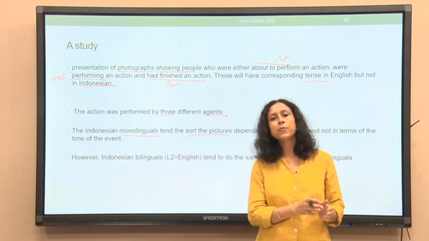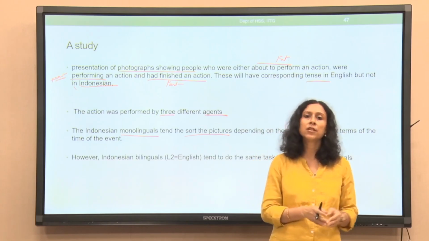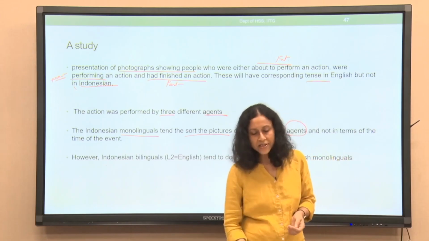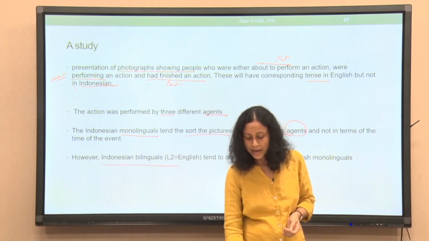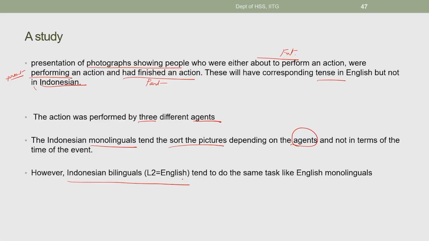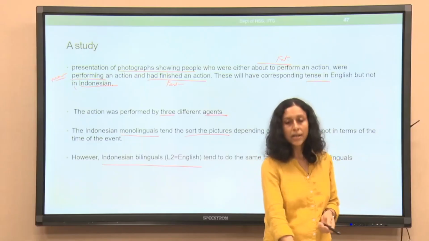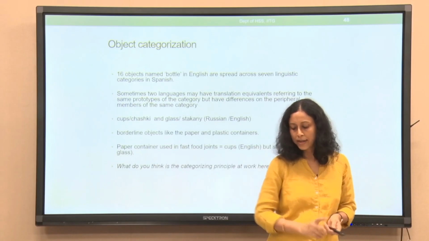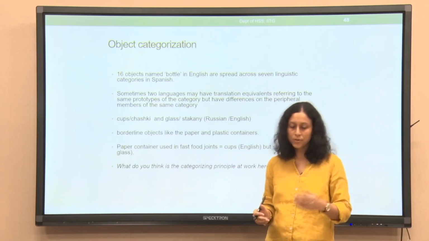So, all the yellow jersey wearing footballers went into one group and so on. However, the interesting aspect was that Indonesian bilinguals who had English as their second language tended to sort the pictures like an English speaker would, in terms of the tense that you would use to describe this.